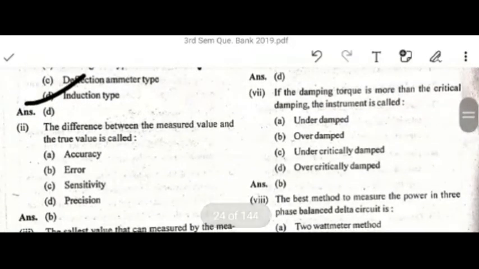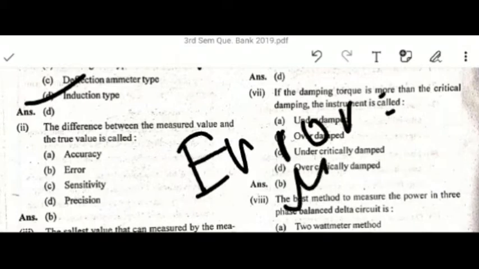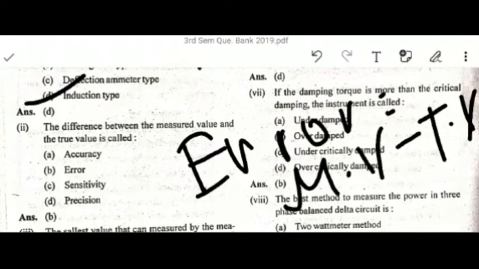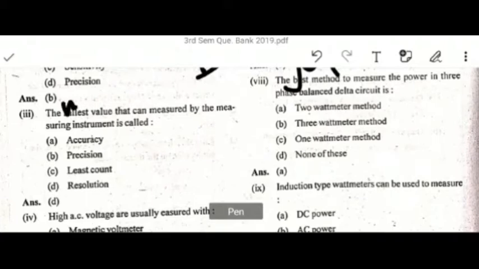Now the second question: the difference between the measured value and true value is. We should know that error is the difference between the measured value and the true value. Option B, error, will be the correct answer. Now moving to the third question: the smallest value that can be measured by the measuring instrument is called.